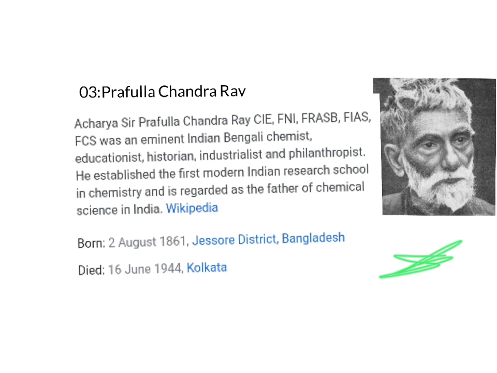And he was the founder of the first pharmaceutical company of India. So Prafulla Chandra Roy was born 2 August 1861 in Jessore district, Bangladesh, and died 16 June 1944 in Kolkata. So this was all about Prafulla Chandra Roy.